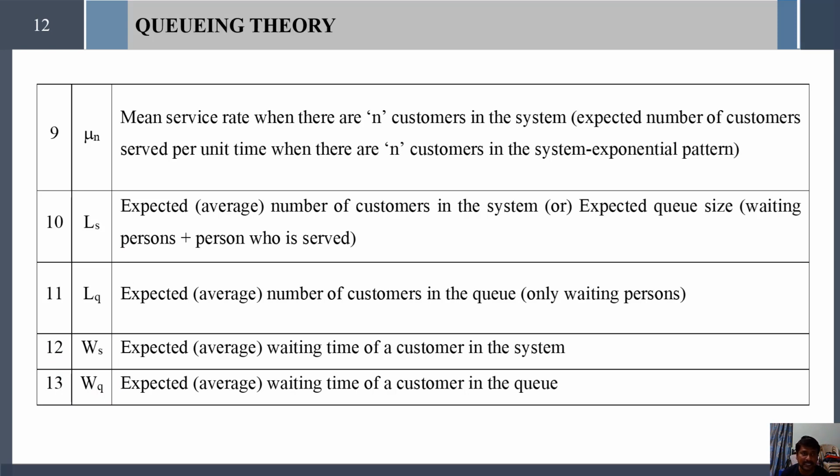So L defines the number of customers, s defines system, and q defines queue. So Ls is the number of customers in the system, Lq is the number of customers in the queue, Ws is the waiting time of a customer in the system, and Wq is the expected waiting time of a customer in the queue.